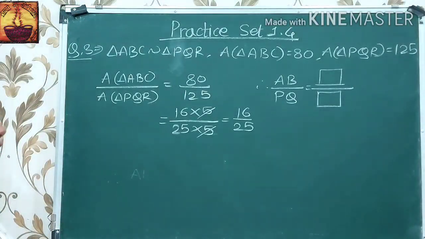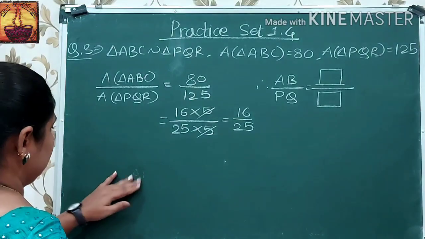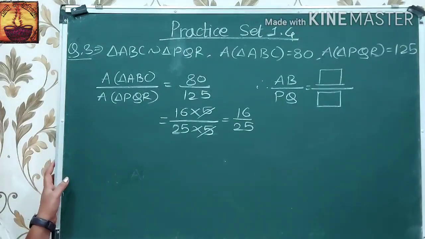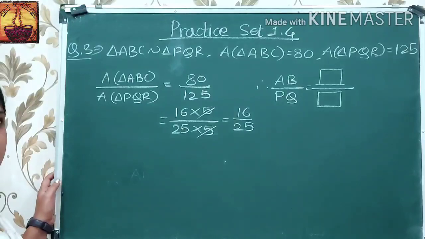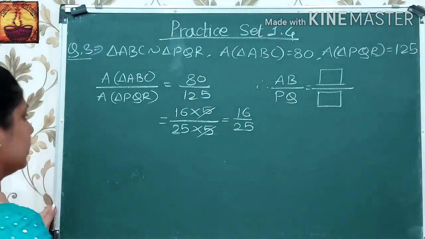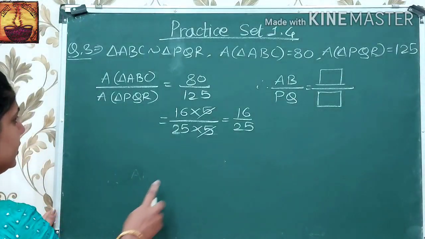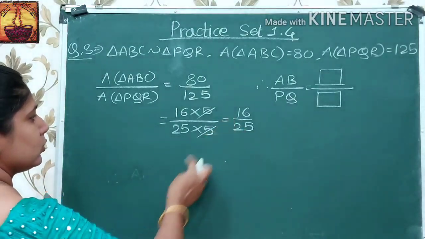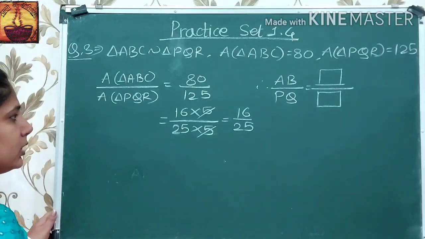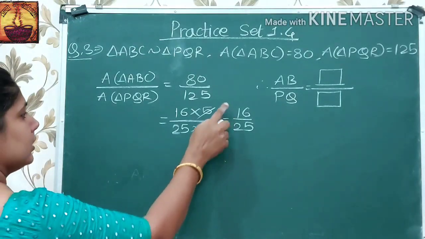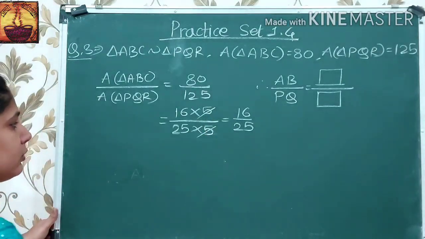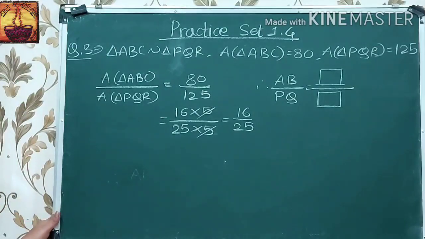16 and 25 are perfect squares, and we know that the ratio of areas of similar triangles is equal to the ratio of squares of their corresponding sides. Therefore, we have the ratio of 16 upon 25. 16 is square of 4 and 25 is square of 5.